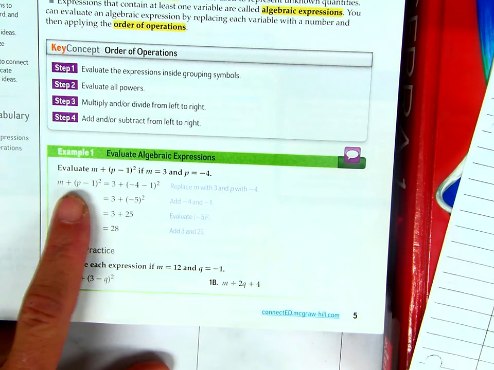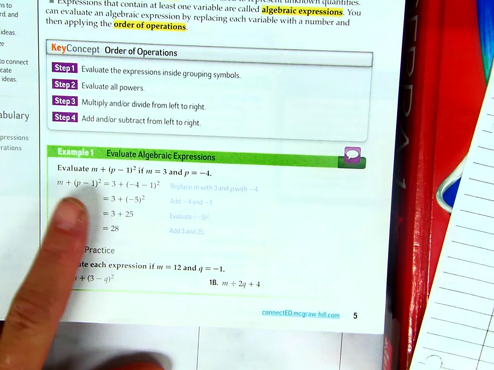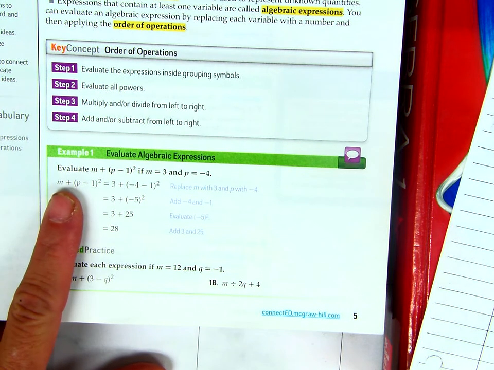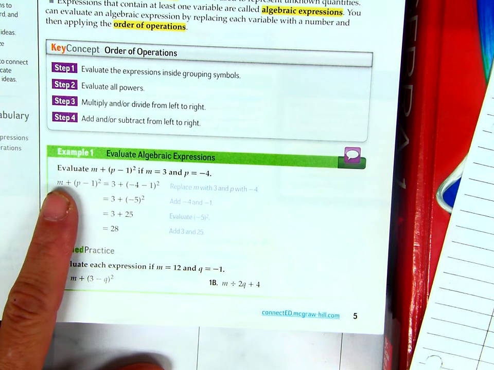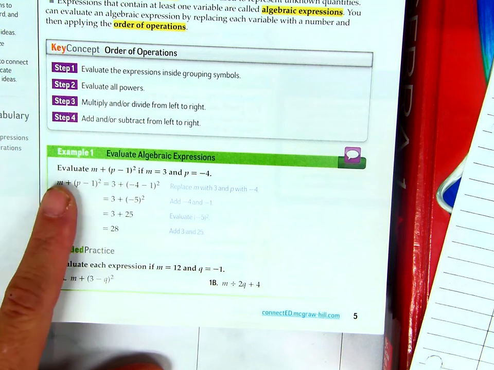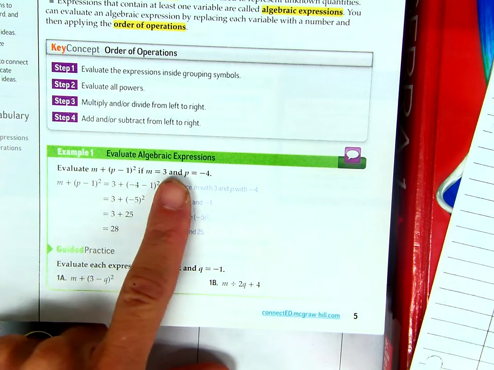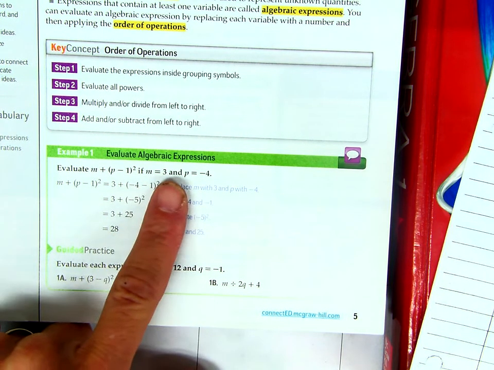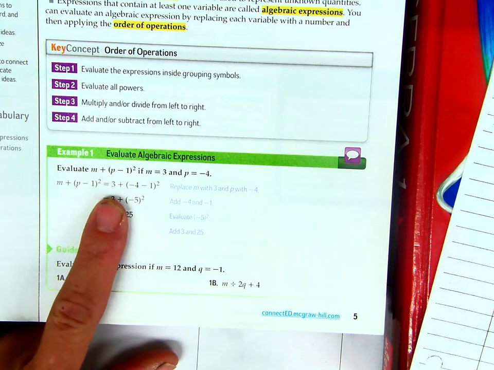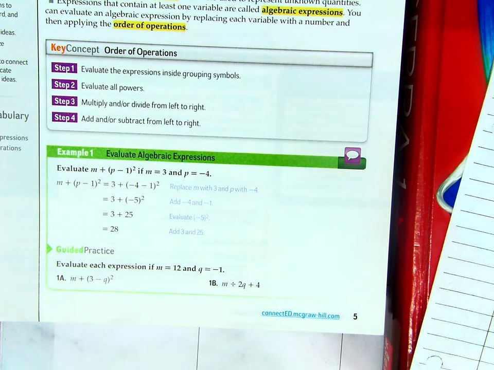They wrote out this equation. And now what they're going to do is they wrote out the expression equals. And then they replaced each of the variables with its value from up here. Then use the order of operations until you finally reduce it as far as it will go.